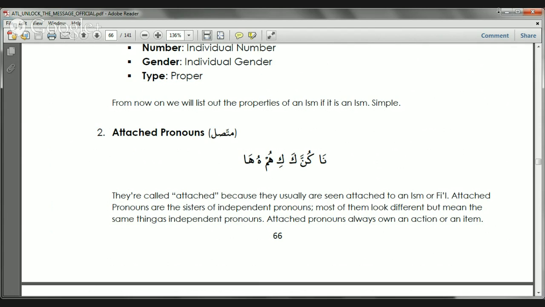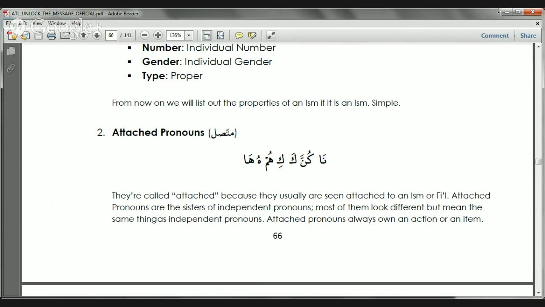Independent pronoun has also those four: status, number, gender, type. We already went over all these. We said here it's rafa, and then here we said what? It's either nasab or jar, and we said that there are how many reasons for it to be nasab and how many reasons for it to be jar? Two each.